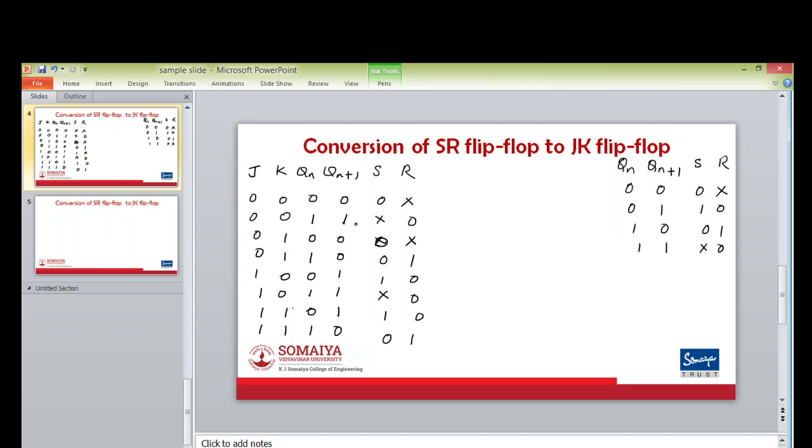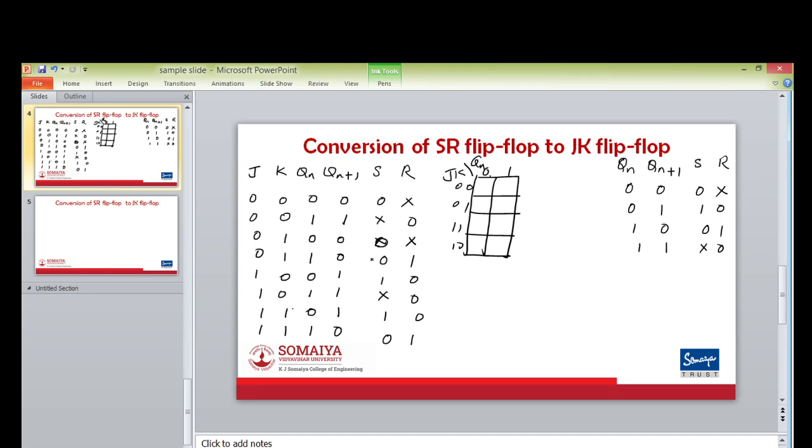Now with this, I know J, K, Qn, that is the inputs of the JK flip-flop and the present state of the SR flip-flop. I can get the values of S and R by taking the K-map. So I'll draw the K-map now for S and R. I'll have J and K here and Qn: 0, 0, 0, 1, 1, 1, 1, 0, and 0, 1.